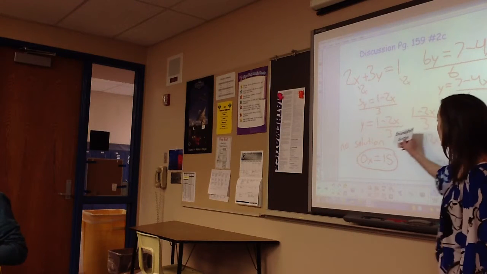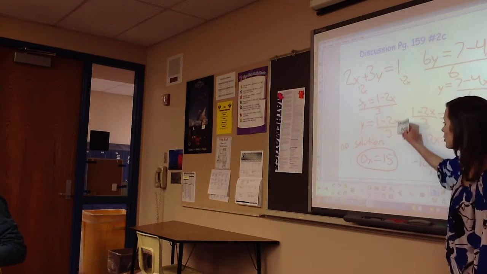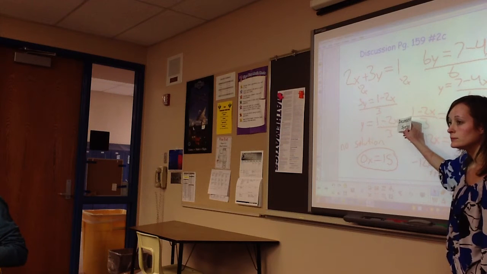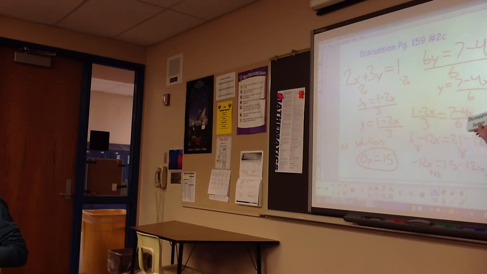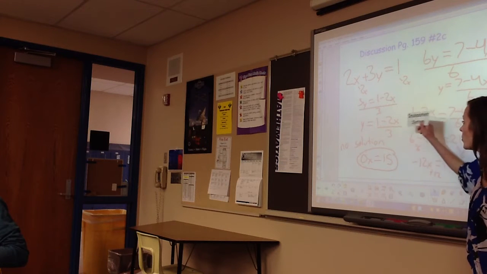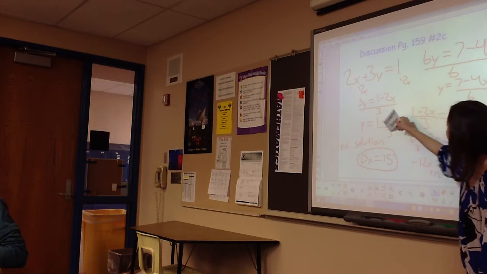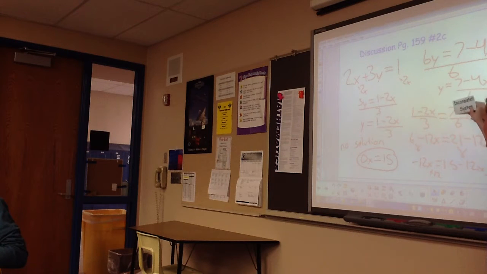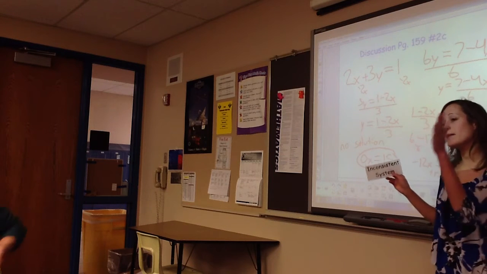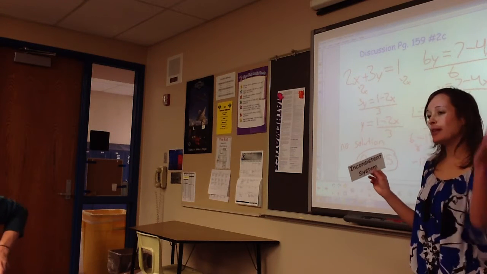If we go back and look at this equation, what would our slope be? What's our y-intercept here? 1/3. And what's our y-intercept here? 7/6. So they have the same slope, but different y-intercept.